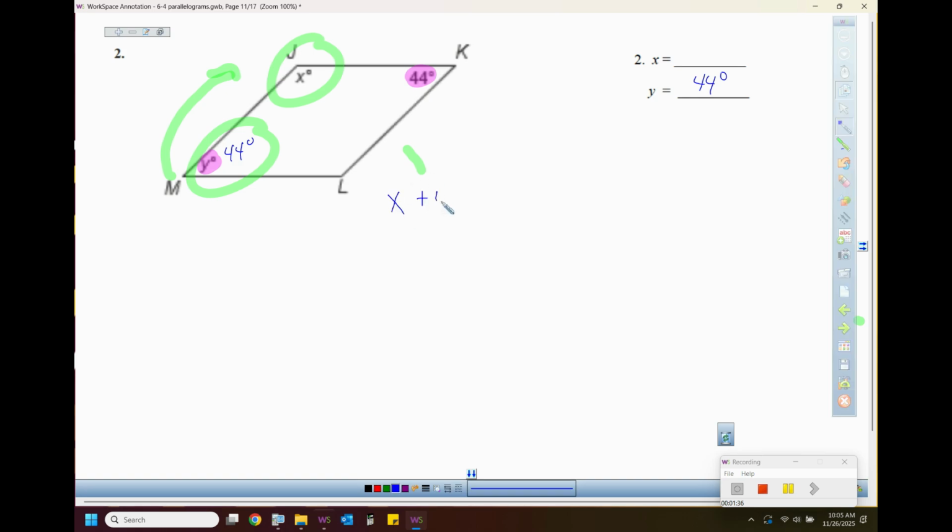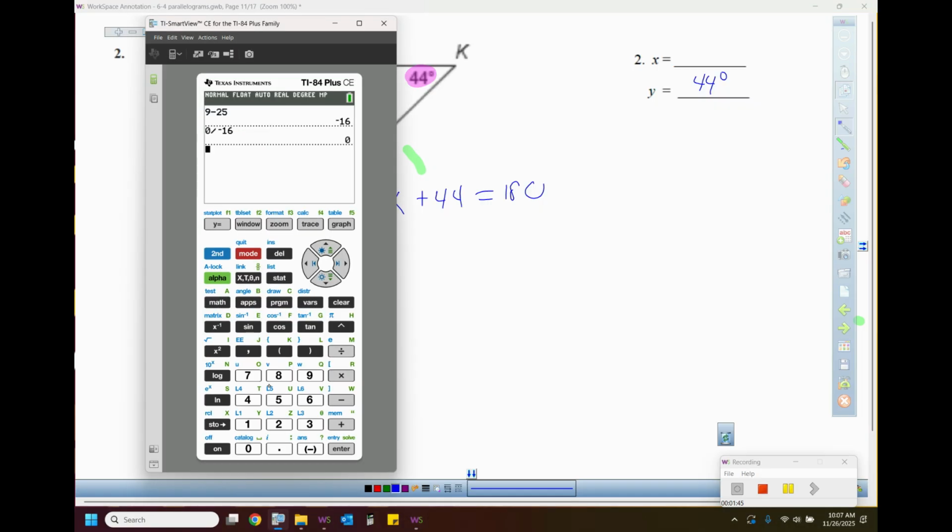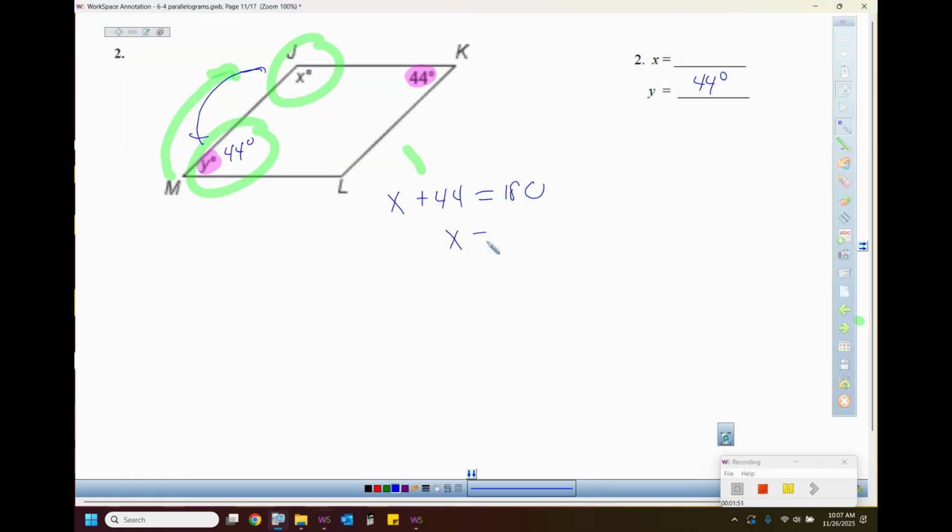So x plus 44 should add up to be 180. Any two consecutive angles in a parallelogram are supplementary. So we take 180 minus the 44, and we'll have our x value. So x is 136 degrees, right? So 136. Cool.